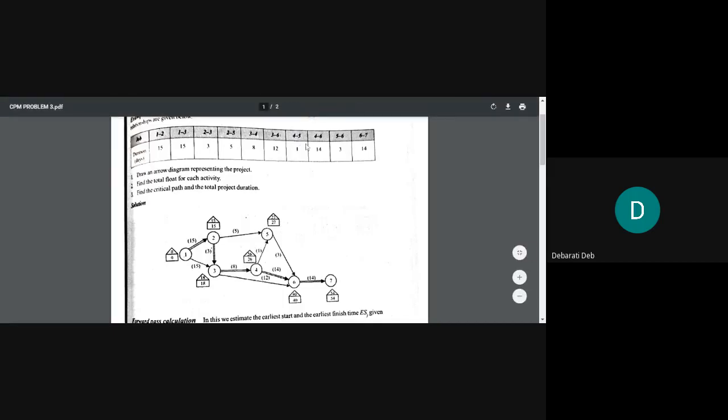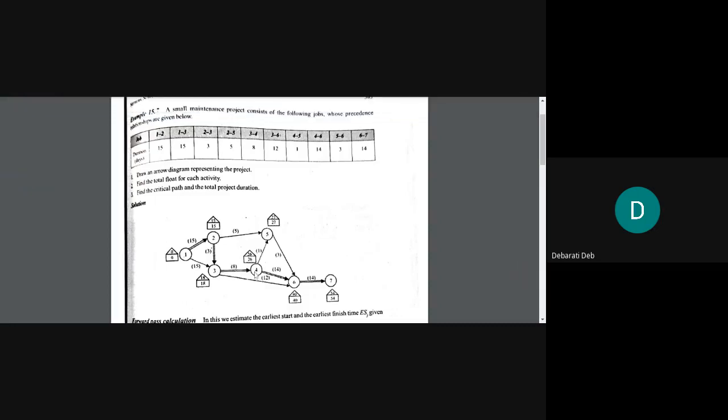Then from the event 4, draw one arrow and lead towards 5 because the next activity is 4 to 5. Next is 4 to 6 also. Remember 3 to 6 was an activity and 3 to 4 was also an activity. So next you will join 4 to 6 also.